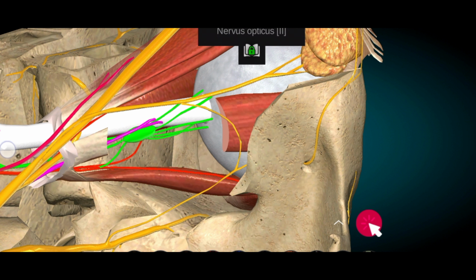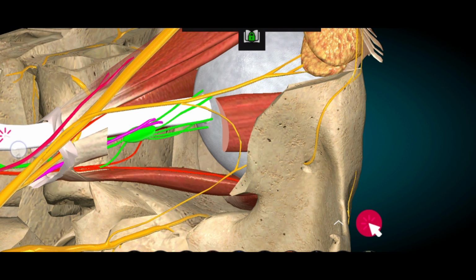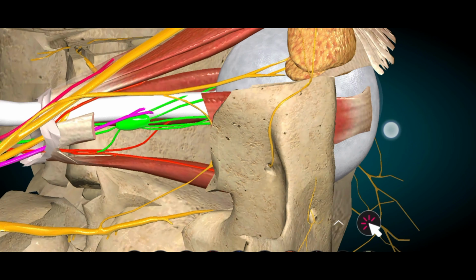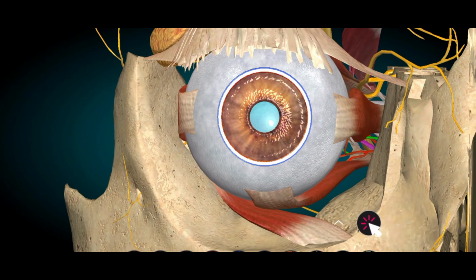Here you can see the major nerve, the optic nerve, which carries all the impulses to the brain for processing. So these are some major nerves here. I hope you got a crystal clear idea from this model about the eye, its innervation as well as its supplies.